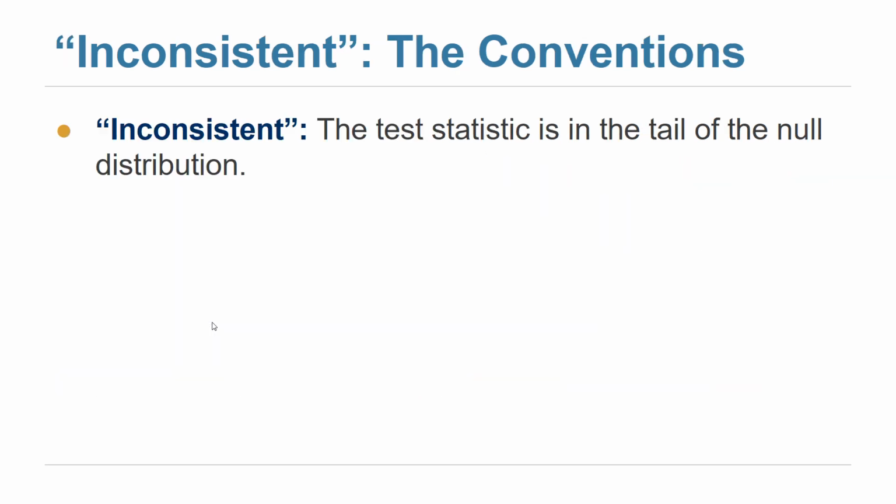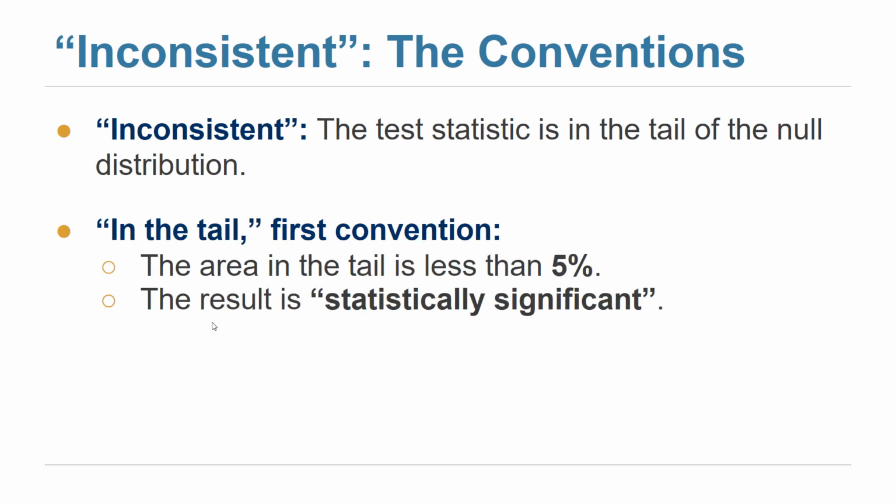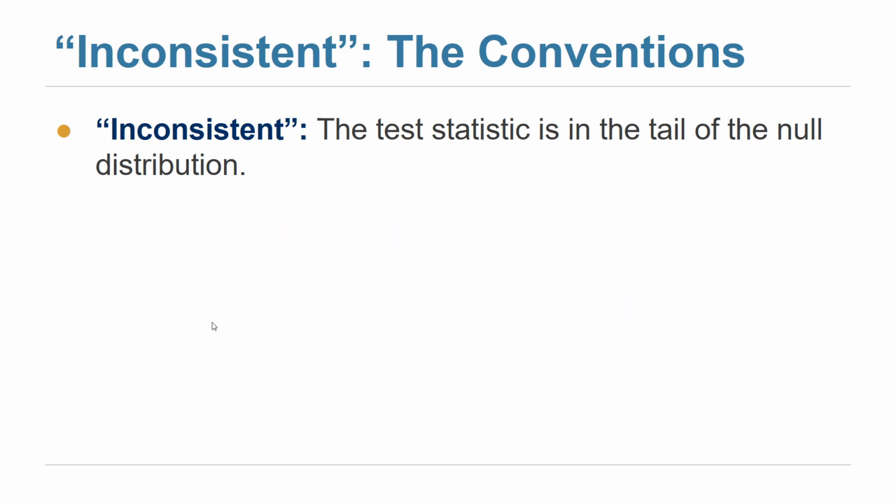Of course, as we said in the last lecture, inconsistency is subjective. Someone can say this is consistent, other can say this is inconsistent. So we have two conventions. Usually we say inconsistent if the test statistic is lying in the tail of the null distribution.